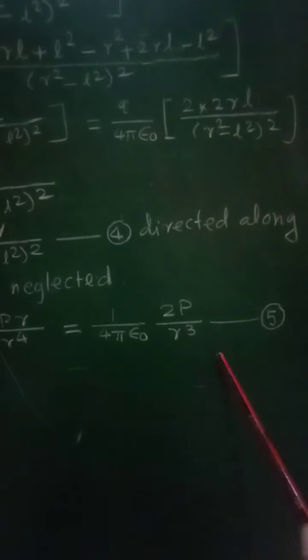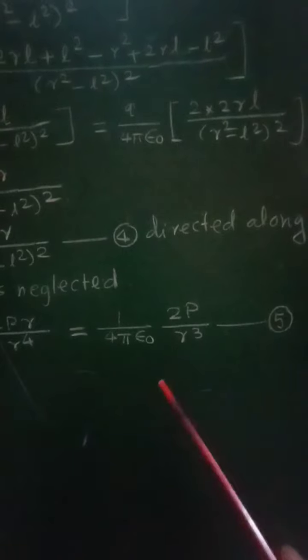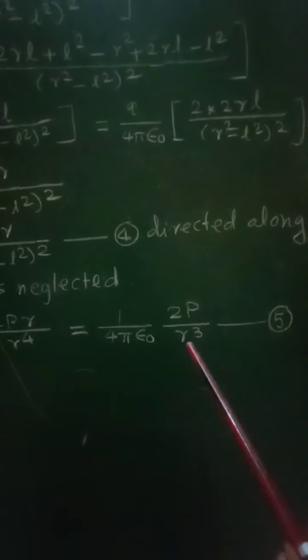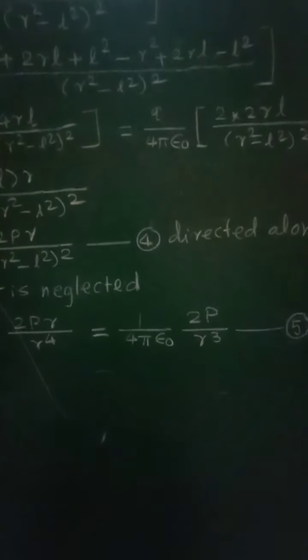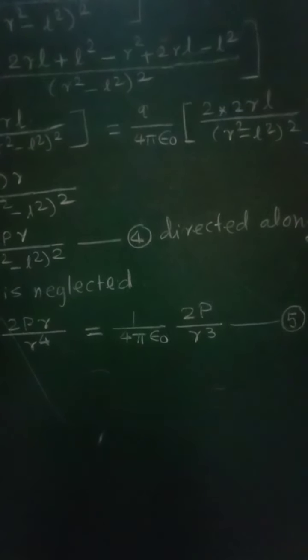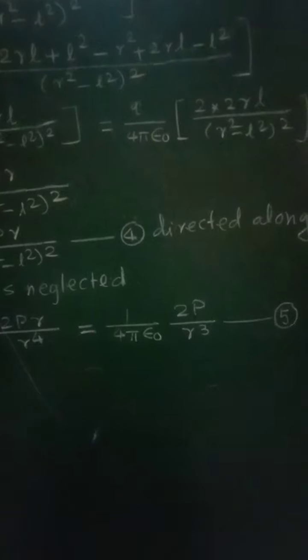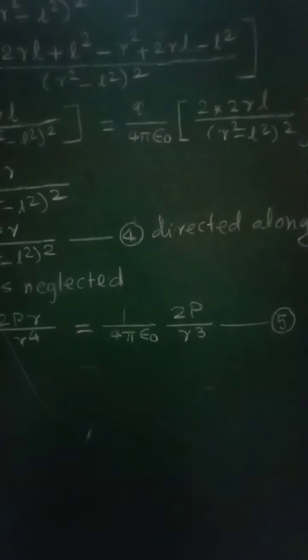So this equation, EP equal to 1 upon 4 pi epsilon 0 into 2P upon R cube, represents the electric field intensity at a point along the axis of the electric dipole.